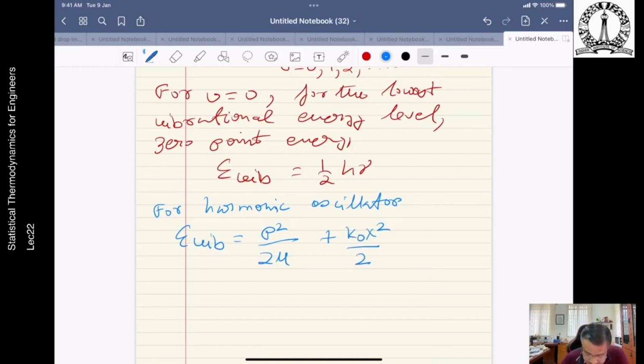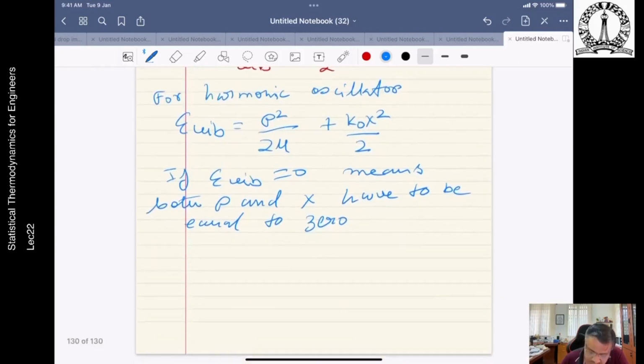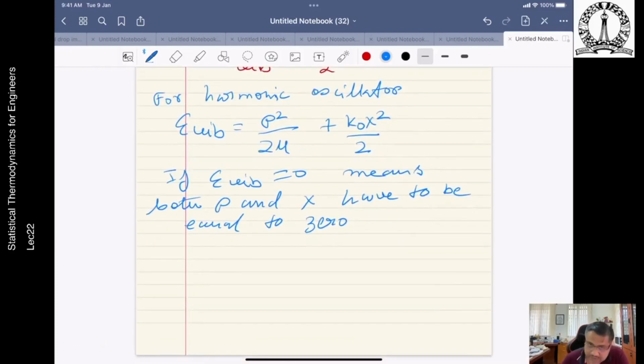Now if E vibrational was equal to 0, say for example, that means both p and x have to be equal to 0. If that was true, then this will invalidate the Heisenberg uncertainty principle.